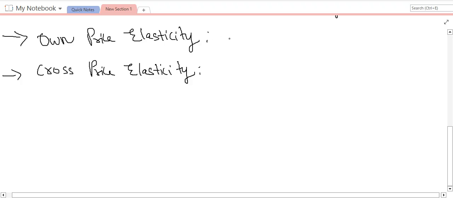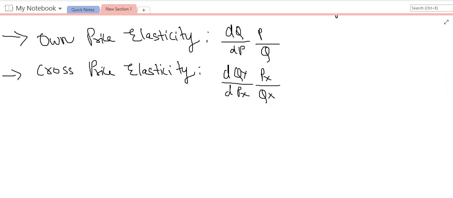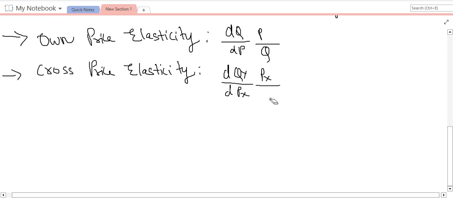Basically you would be knowing the formula, but let's write it: dq by dp into p by q. Now for cross price you would be having dqy, which is the second good, upon dpx into px upon qx. Now, there is a slight error here. This would be qy.